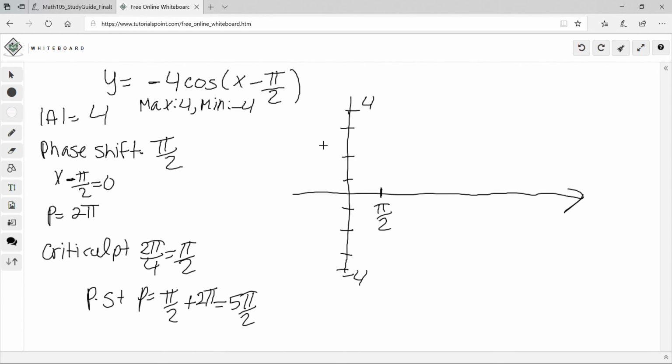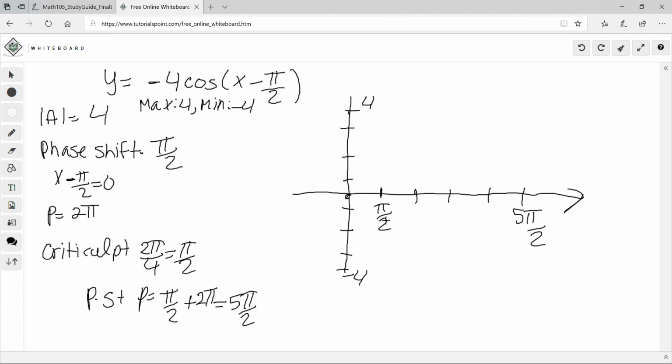So since there's a phase shift, we're going to have 6 points in total. 1, 2, 3, 4, 5. And the 6th point is 0 at 0. So our last point is 5 pi halves.